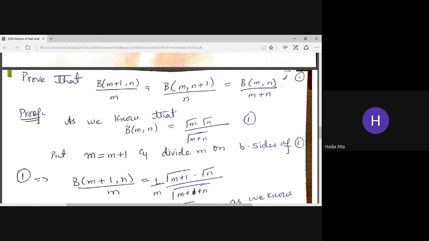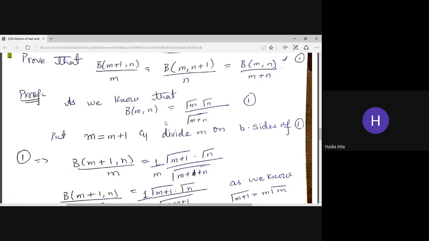So what we have to find is the result of the left hand side. Here we have m plus 1, and in the formula we have m, so we will replace m by m plus 1 in equation number 1. So put m is equal to m plus 1 and also divide equation number 1 by m, because we want to find the value of this left hand side.